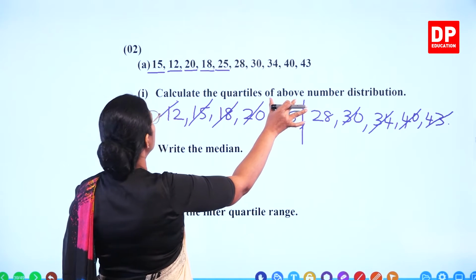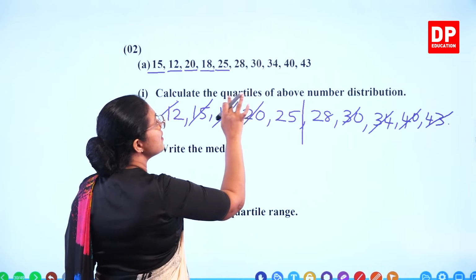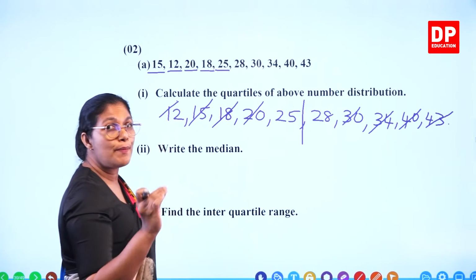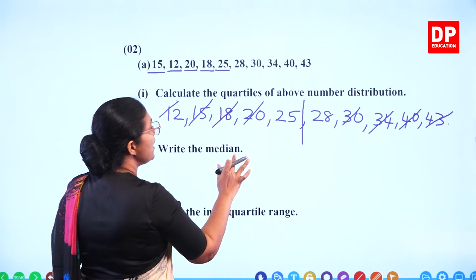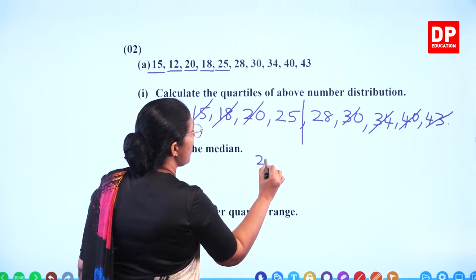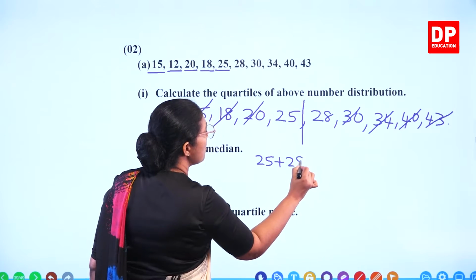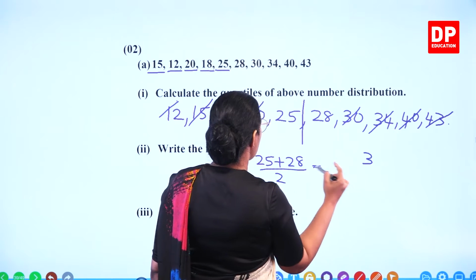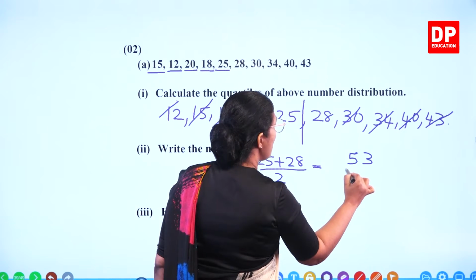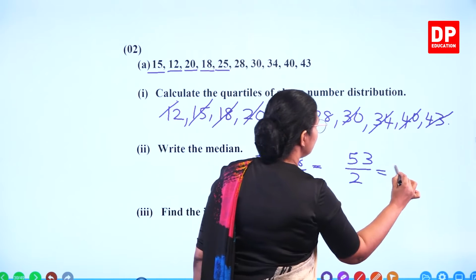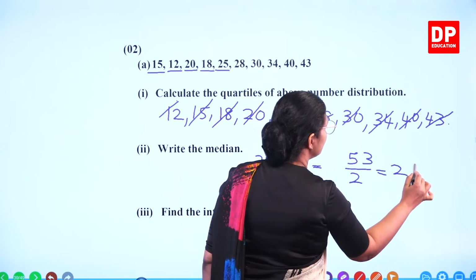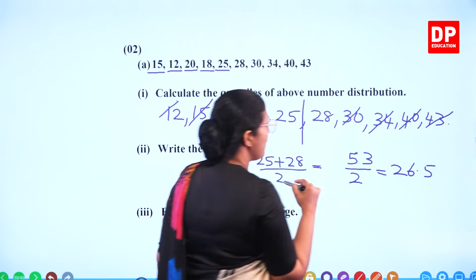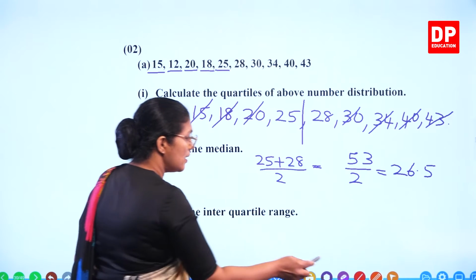I'm skipping this part for now because it's easy to find the median first. So the median is 25 plus 28 divided by 2, which is 53 divided by 2, 26.5. Now let's do the quartiles.